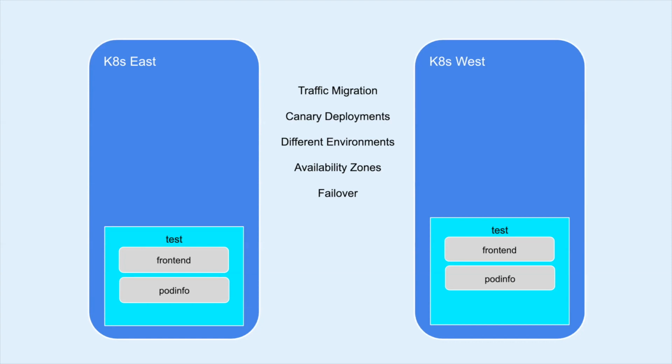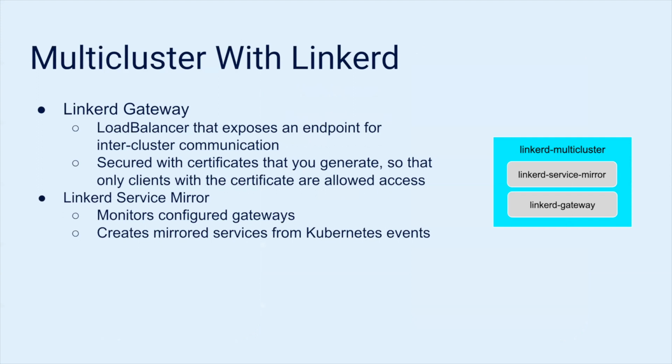And so that is where we started thinking about using Linkerd to accomplish this. So multi-cluster with Linkerd is pretty straightforward. There are two components that we add in addition to the Linkerd control plane.